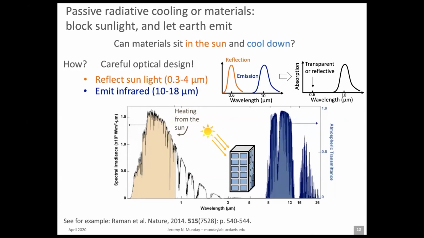But you can make measurements, and it turns out that the atmosphere is very transparent at these wavelengths. That means that if you have an object on Earth that is emitting at those wavelengths, it'll go right through the atmosphere and out to space. If that weren't the case, it would get absorbed in the atmosphere, and that would kind of defeat the purpose because the heat wouldn't be leaving. So you can imagine that you can have cooling by emitting at that range of wavelengths.